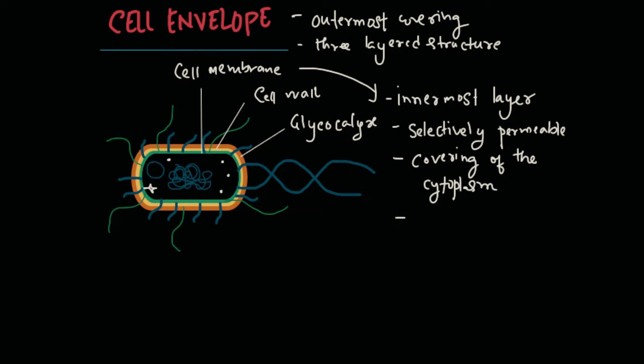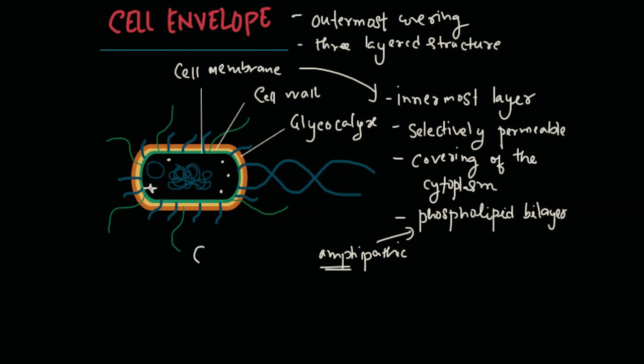It is made up of phospholipid bilayer. Phospholipids are amphipathic in nature. Amphi means both. So, phospholipid molecules have a polar head group which is hydrophilic and a non-polar tail which is hydrophobic.